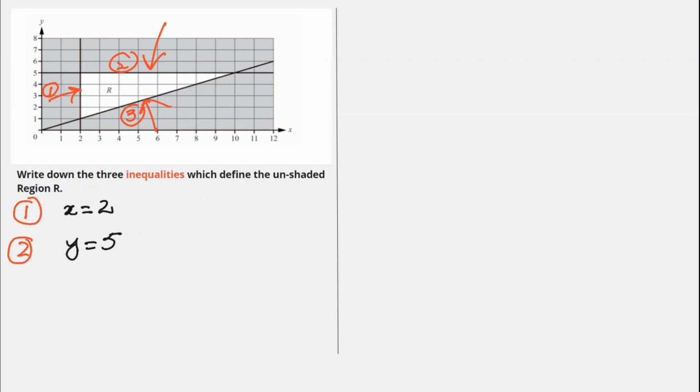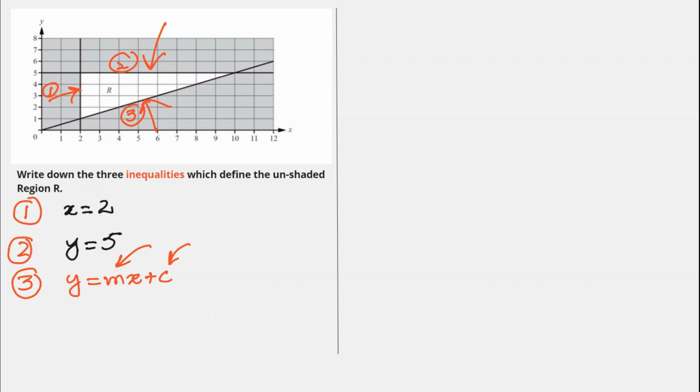Line number 3 is a slopy line, so the equation is y equals mx plus c. You need to find m and c to determine the equation. So let's start and find the values of m and c.